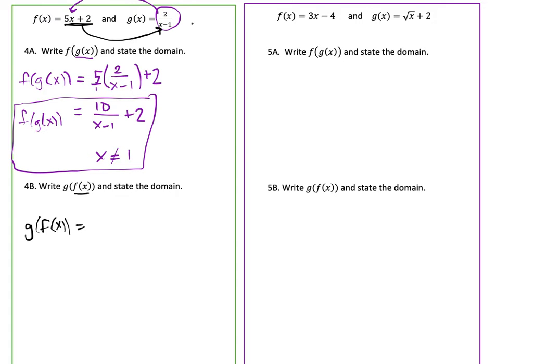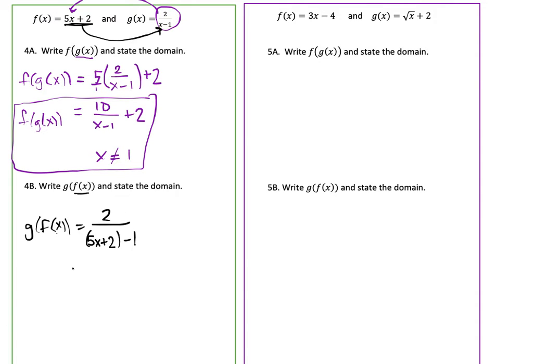I'm going to write the g function and leave a space for my x. So this is 2 over x minus 1, but instead of x, I'm going to put in the f function, which is 5x plus 2.